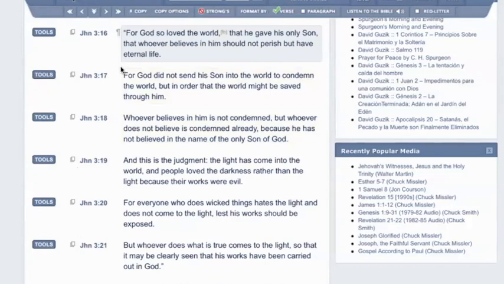All right, John 3:16. Now, if we go over here to tools, it says interlinear, Bibles, cross-references, commentaries, dictionaries, and miscellaneous. What we want to look at right now is called interlinear.